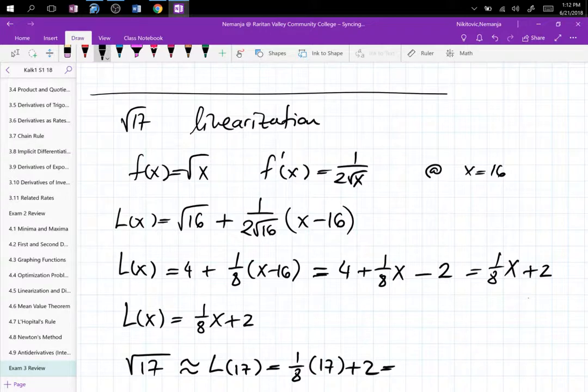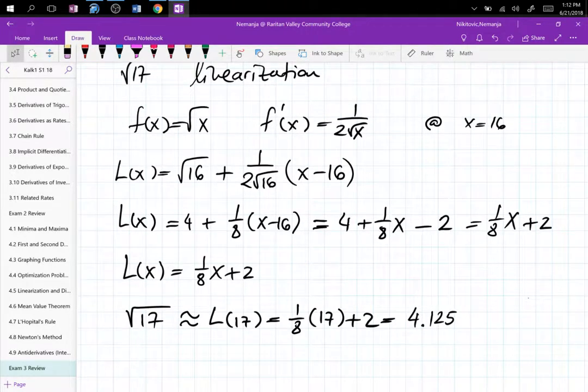That's 17 divided by 8 plus 2, which gives 4.125. This is good because square root of 16 is 4 and 16 is just below 17, so square root of 17 should be just a little bit bigger than 4. That seems good.